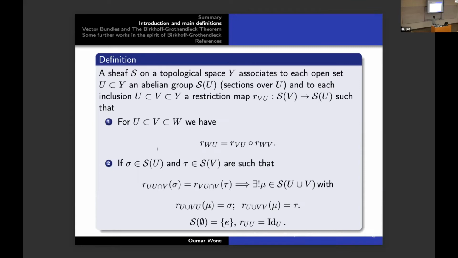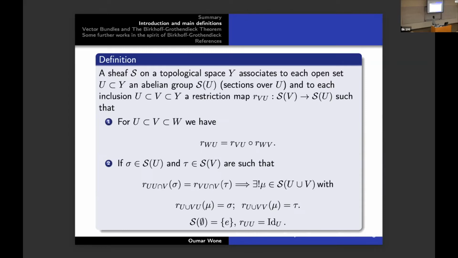And moreover, if we have a section sigma over S(U) and a section tau over S(V), such that we have this condition, which means that the restriction of sigma to U inter V is equal to the restriction of tau to U inter V, then we can, in a sense, glue the sections in a unique way.